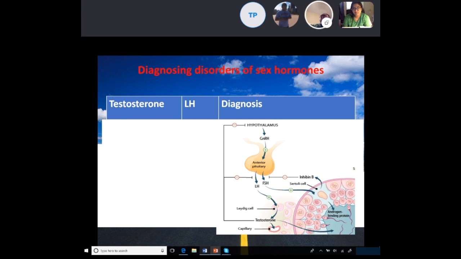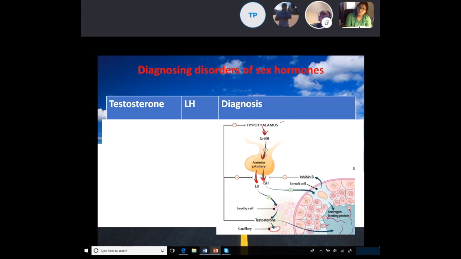Okay, so we're going to be diagnosing disorders of sexual hormones, and we're going to be using this image here to understand each of these disorders. So just to quickly go over the hypothalamic pituitary gonadal axis, we got the hypothalamus, which secretes gonadotropin releasing hormone into the anterior pituitary, which releases LH and FSH.